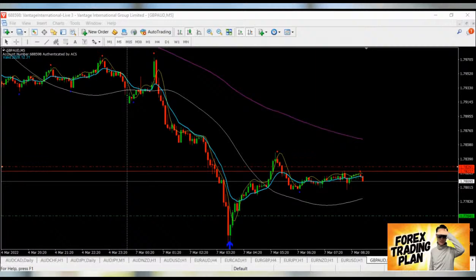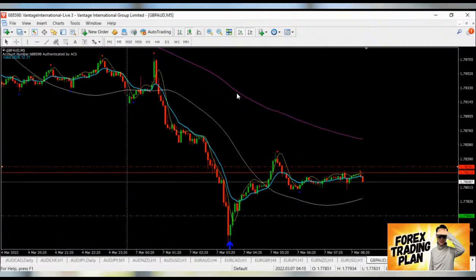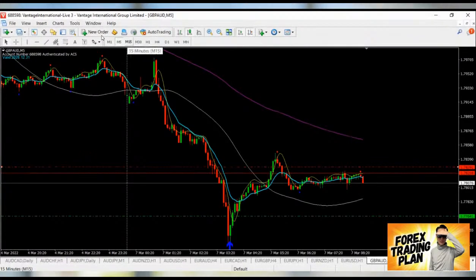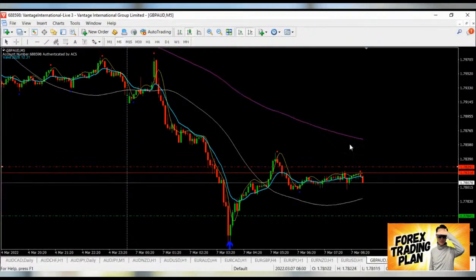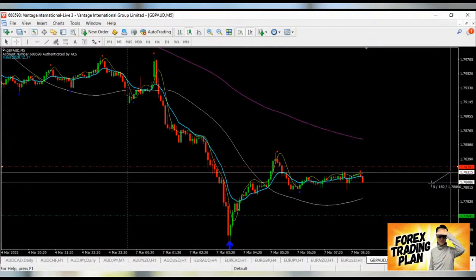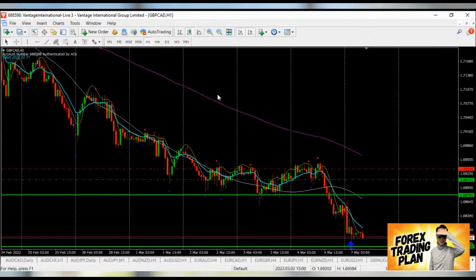Today pound Aussie is still looking for a selling, but the spread is really very big, so be very careful if you want to sell this. The spread is going as crazy as 10 over pips, about 13 pips. This is crazy. When the spread is too big, that means something is bound to happen against this currency pair, so I'm going to stay away from this to reduce the risk.